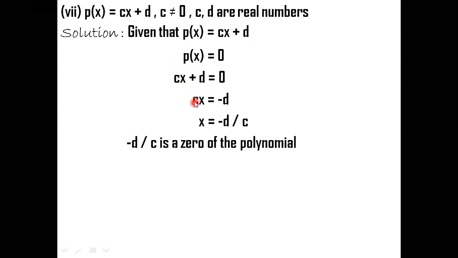And in Cx plus D, the plus D goes to the other side, it becomes minus D. So Cx is equal to minus D. And x is equal to, the C goes to the other side, minus D upon C. So what is the conclusion? When x is equal to minus D upon C, I can say that minus D upon C is the zero of the polynomial.